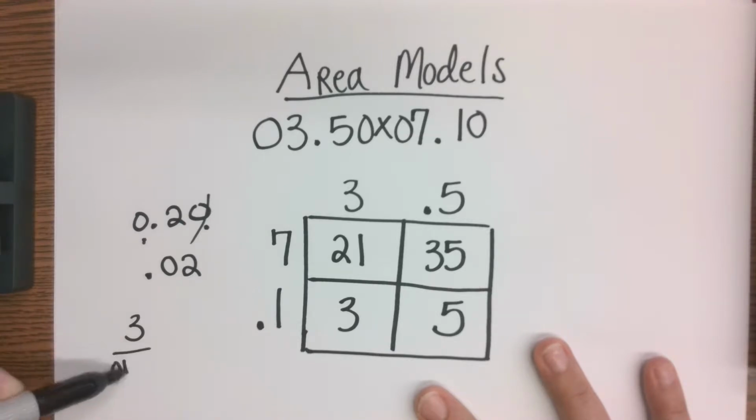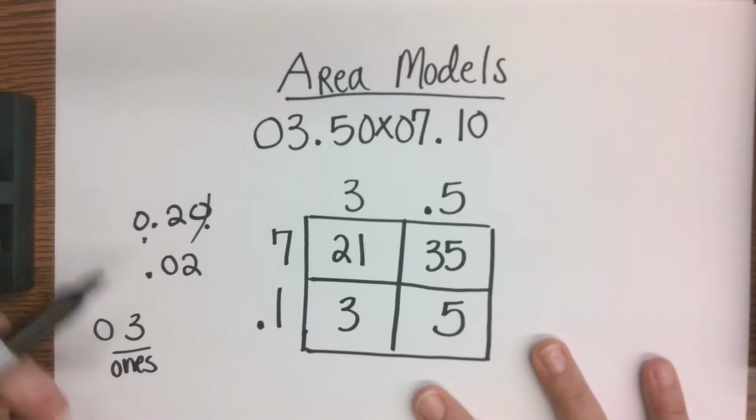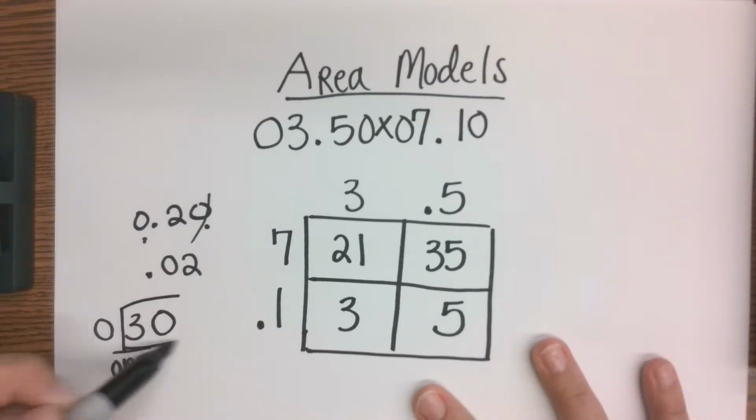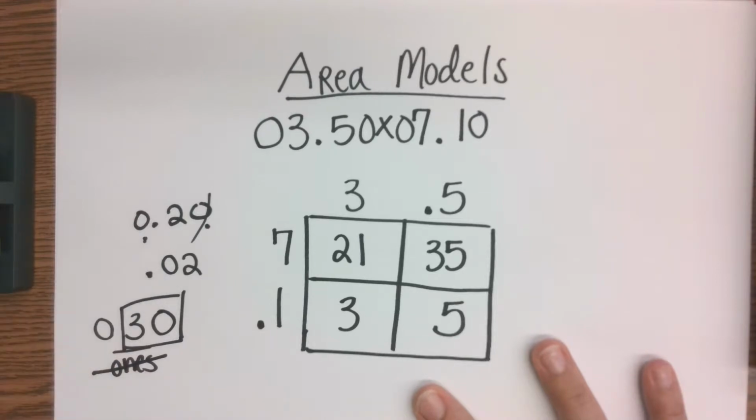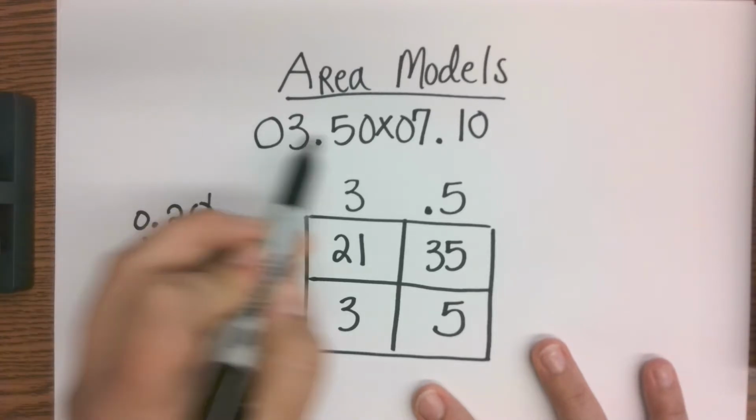If this is our 1's place, if we add a 0 here, does that change that I still have 3 1's? It does not. But if I put a 0 here, this is not just 3, it's 30. Okay, this 0 would have value. This 0 has value. These do not.